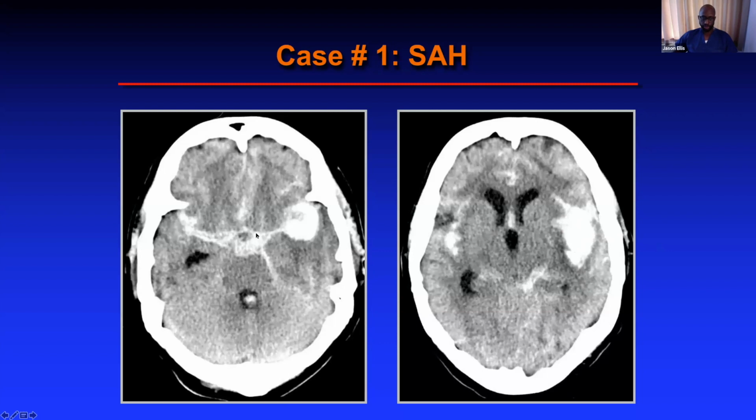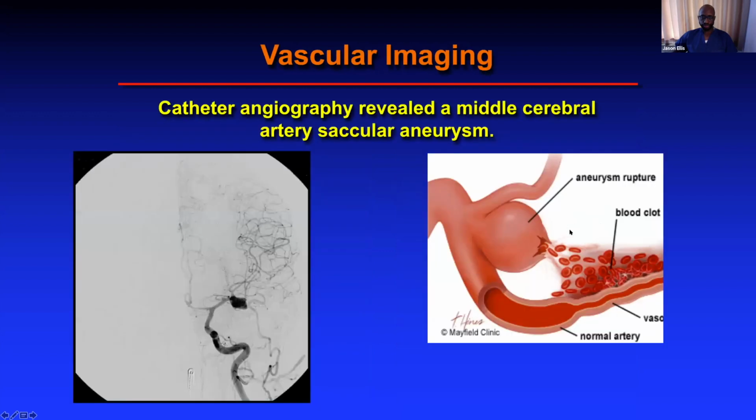We have subarachnoid hemorrhage, and we have a lot of blood where we know there are large blood vessels. So this turned out to be a ruptured aneurysm. This picture shows a catheter cerebral angiogram. This is the carotid artery in the neck, which enters the intracranial compartment here.